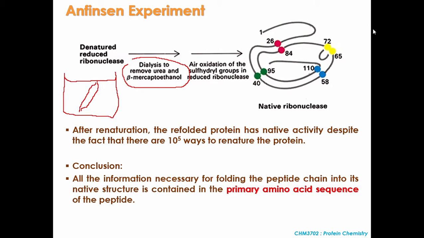A dialysis tube consists of a membrane with a certain pore size. So this is the protein with urea and beta mercaptoethanol, and over time, the urea and beta mercaptoethanol will diffuse out of the tube into the water, and the protein stays inside because the pore size of the dialysis tube is very small.